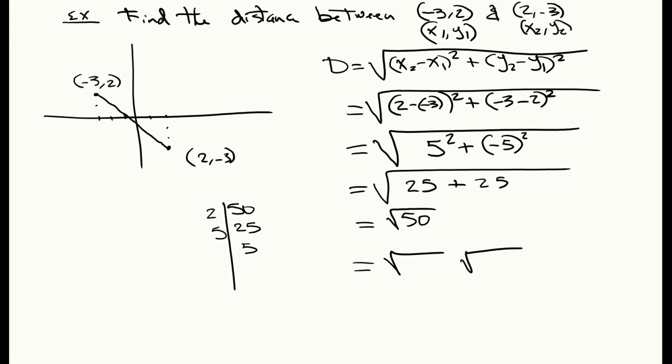Here we get 5, 5, 5, 1. So now we have a perfect square of 5, so 25 can go in here, and we're left with 2. So the distance between those two is 5 radical 2. We haven't given any units. It could be given, but if it's not, you can just say units.